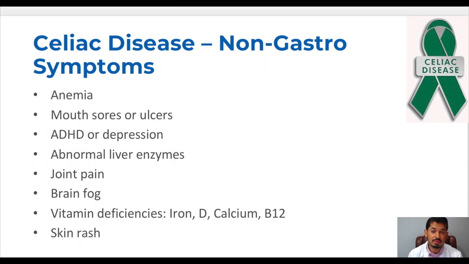Abnormal liver enzymes, elevated for an unknown reason, could be due to celiac disease. You can also have joint pain or brain fog, vitamin deficiencies, including vitamin D, iron, calcium, and vitamin B12. And also a skin rash can develop as well. These can all be non-GI manifestations of celiac disease.